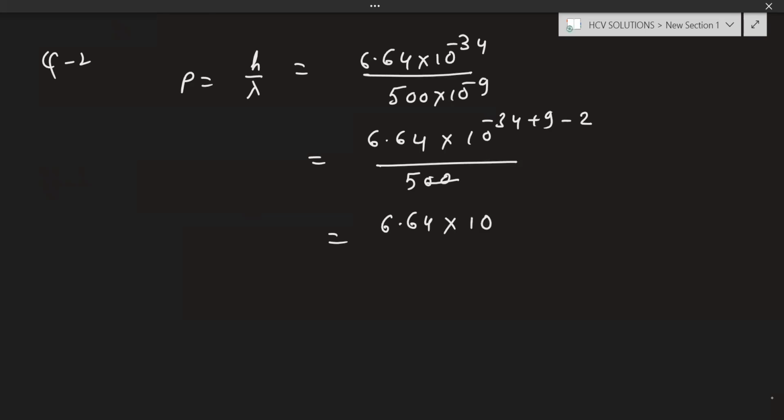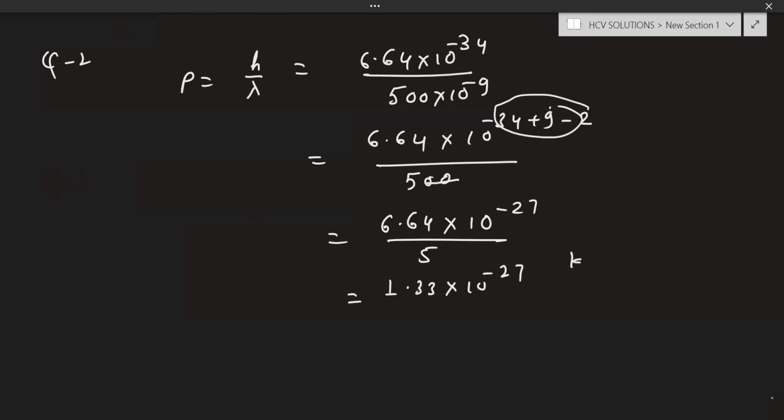If you deduct 7, that will be 10 to power minus 27, divided by 5. So you divide 6.64 by 5, that is almost 1.33 into 10 to power minus 27 kg meter per second. That is the momentum.